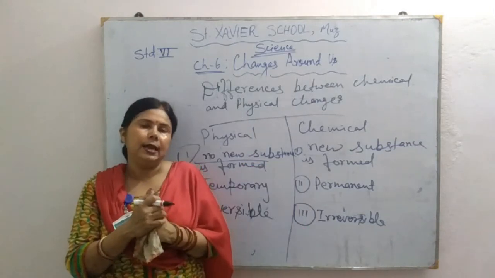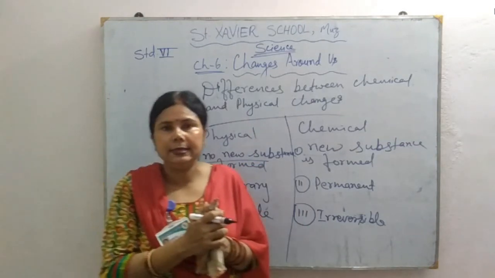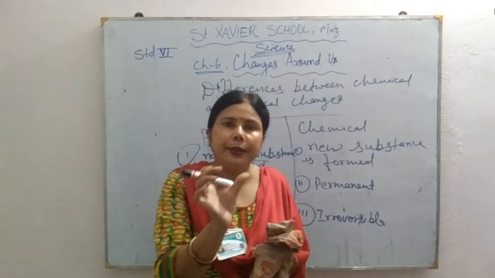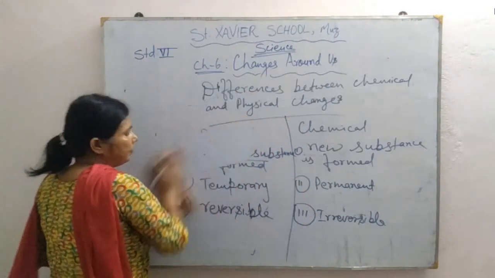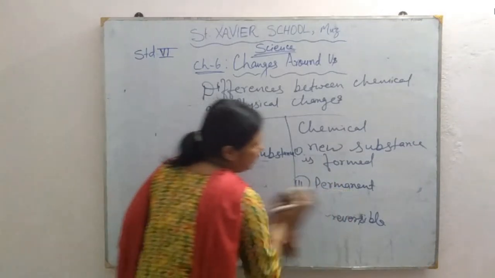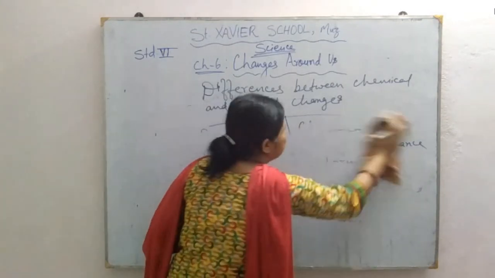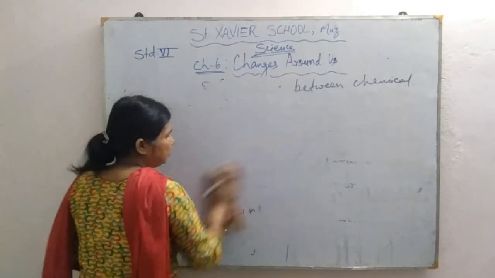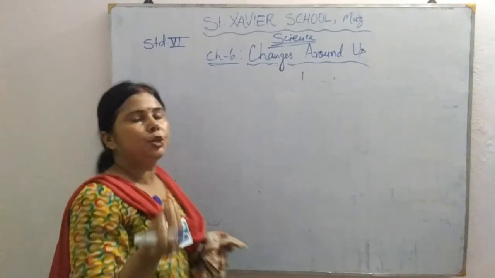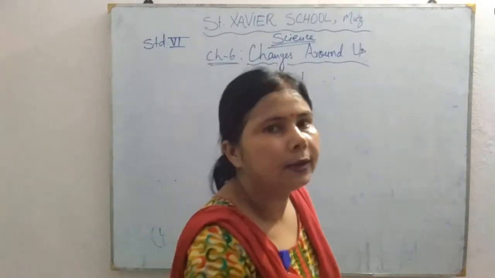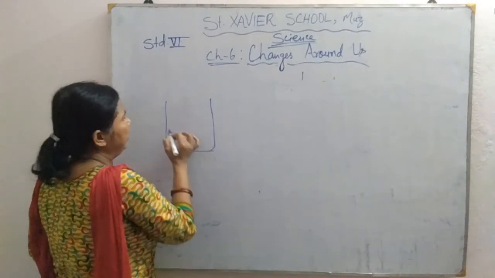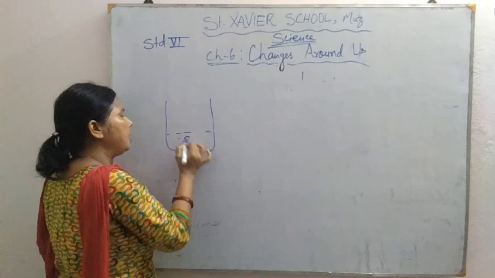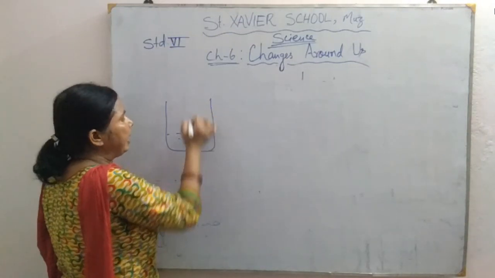Let's discuss our next point, that is changes when two different substances are mixed. Suppose children, make a solution of salt and water. Take a beaker and put some salt in it, and then add some water.